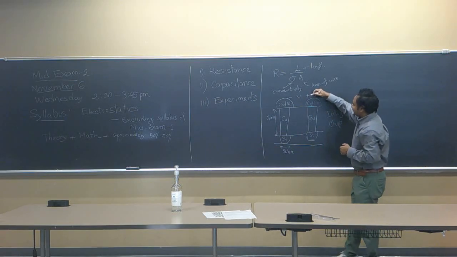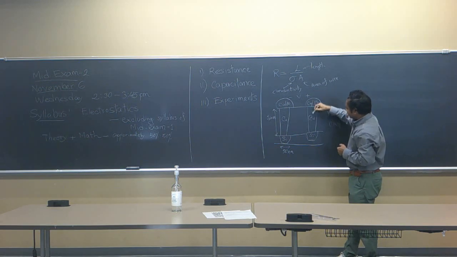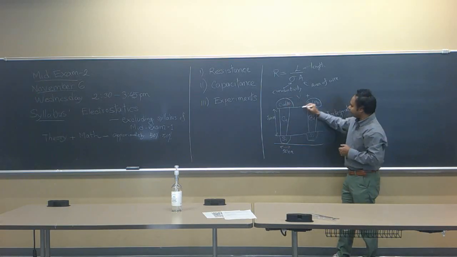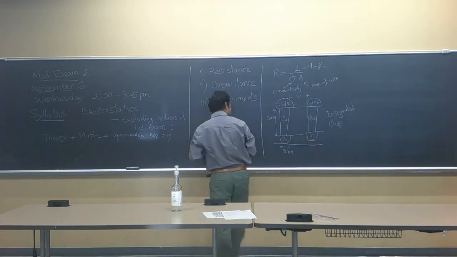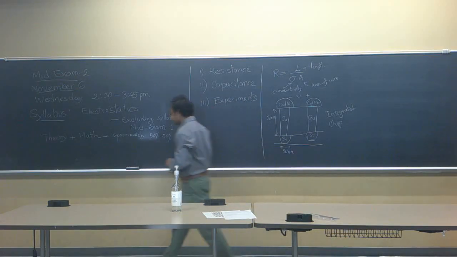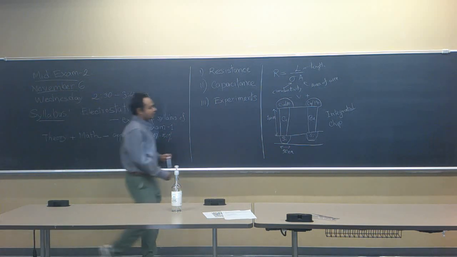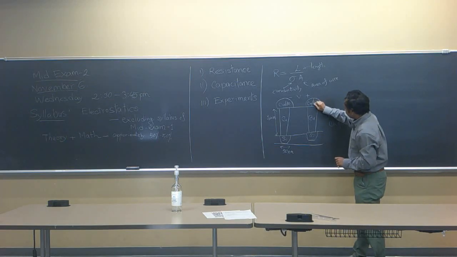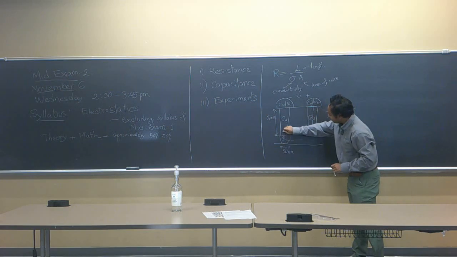So we expect that because of applying voltage, we have some current that will go through the copper pillar and come out of the other side, right? So if I apply voltage, current most likely goes through this route.